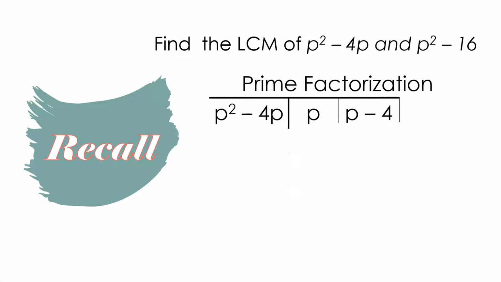So the other factor would be p minus 4. If we multiply p by p minus 4, the answer is p squared minus 4p: p times p is p squared, and p times negative 4 is negative 4p.